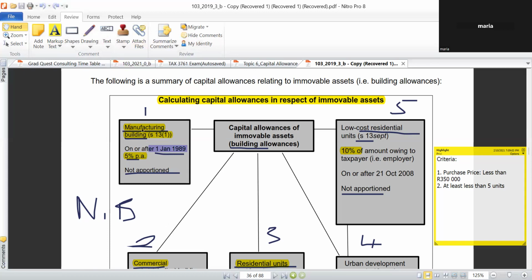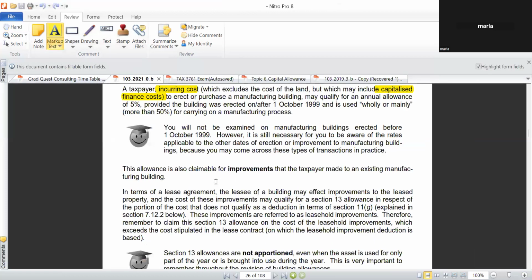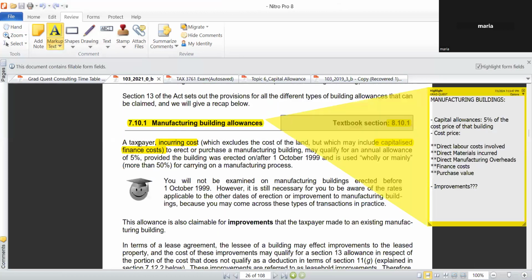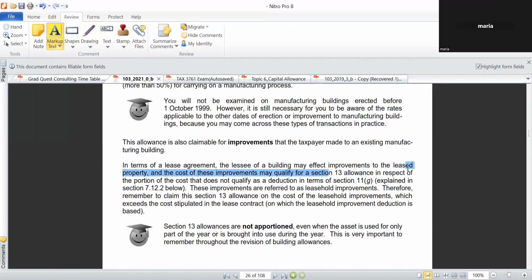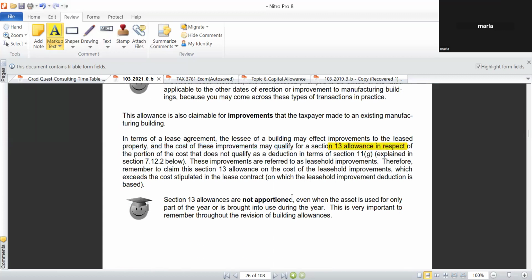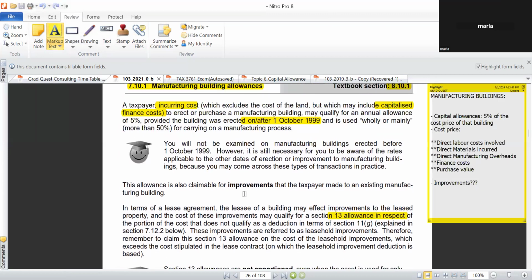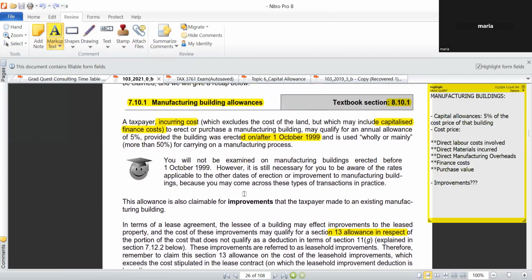So that's exactly the same thing that you see as you go through your study materials. The provisions of section 13 would apply. What does section 13 of the Income Tax Act state? It states that for buildings that are used for manufacturing purposes, you'll be allowed 5% of the purchase price of that asset.